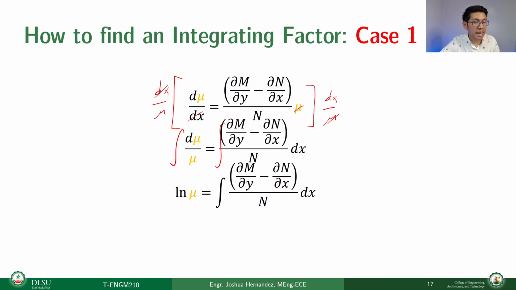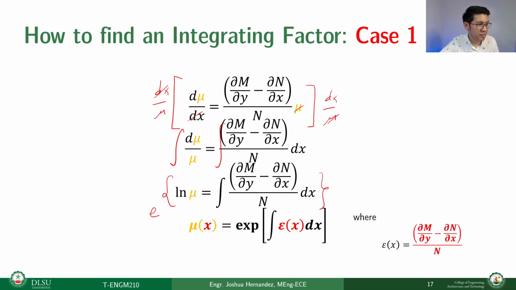Now, we can cancel ln by raising the whole equation to e. So we're left with mu of x equals the exponential of the integral of epsilon of x dx, where epsilon is this equation. Same lang yan, no?